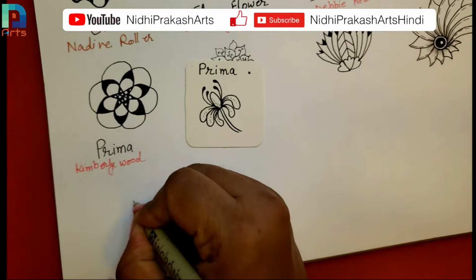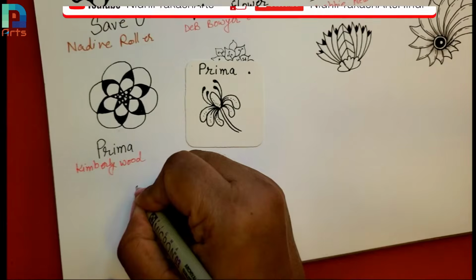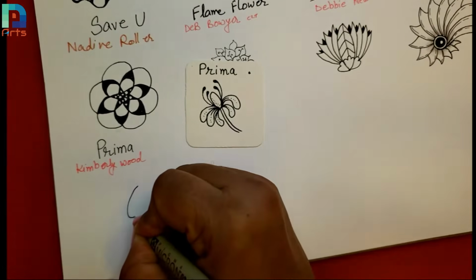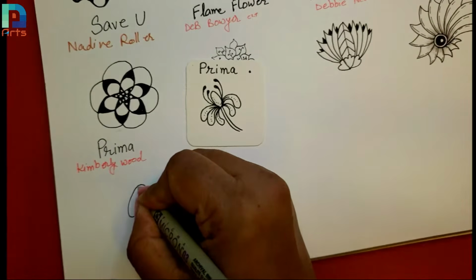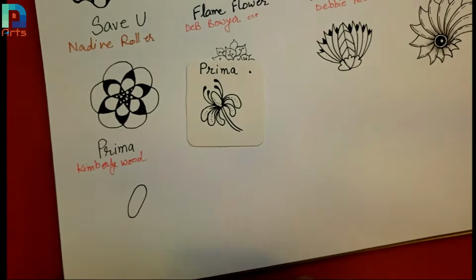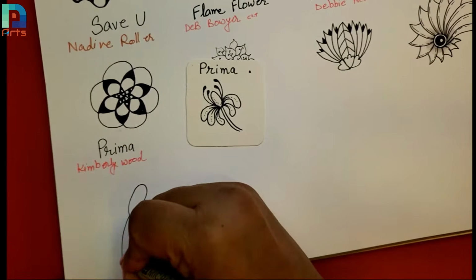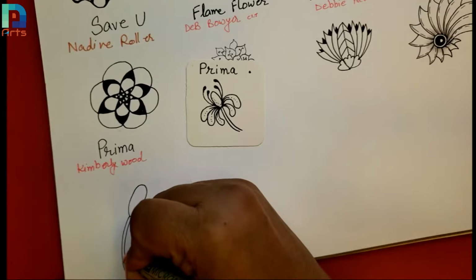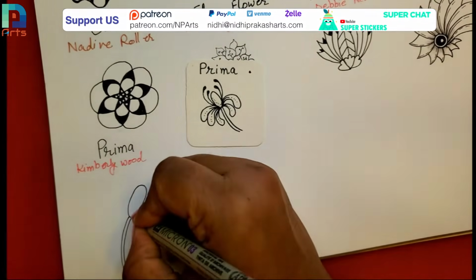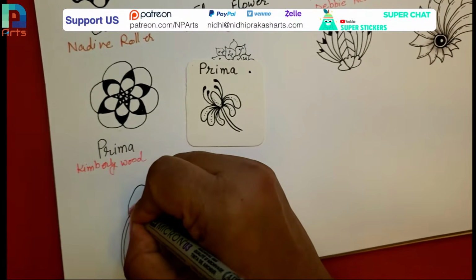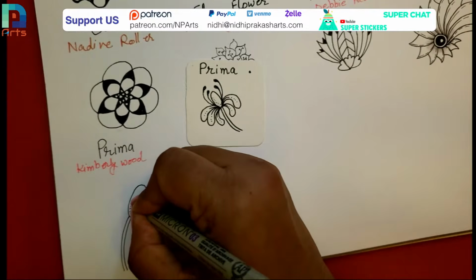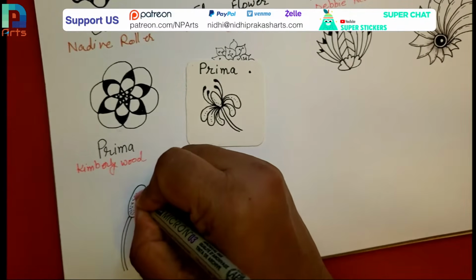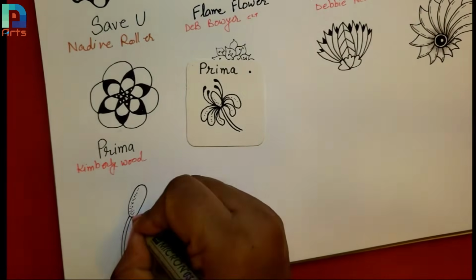So now in this one, we are going to draw the center of the tangle first. I'm drawing in this diagonal direction here. This is the stem. And the center bud, if you want to give a little texture to the left side, you can do a little bit of stippling like this.